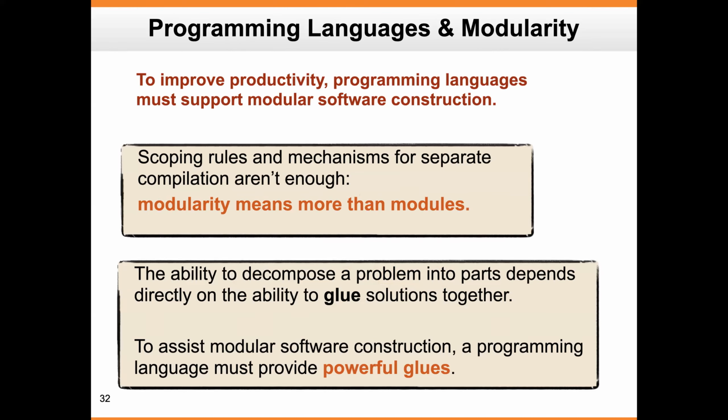Modularity is more than just having support for defining modules. As important as the ability to decompose a problem into parts is the other direction, the ability to glue solutions together. We need powerful glue mechanisms for separated parts.